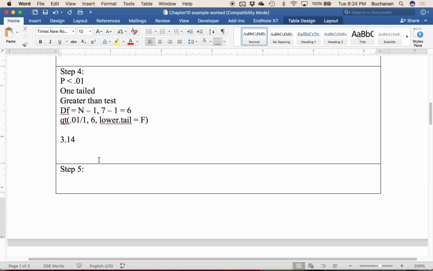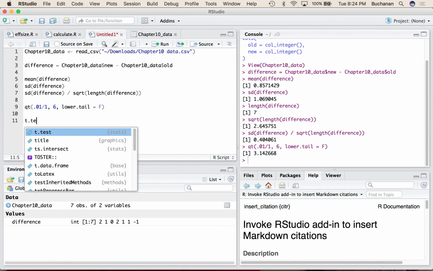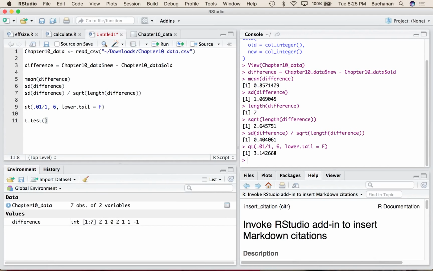Step 5, we're going to calculate t. We can do this one of 2 ways. We can do t.test. And remember, whoever you put first here needs to be first here, because it's going to do the subtraction in the same order. So new, old, paired equals TRUE, or this is going to give you the wrong test.